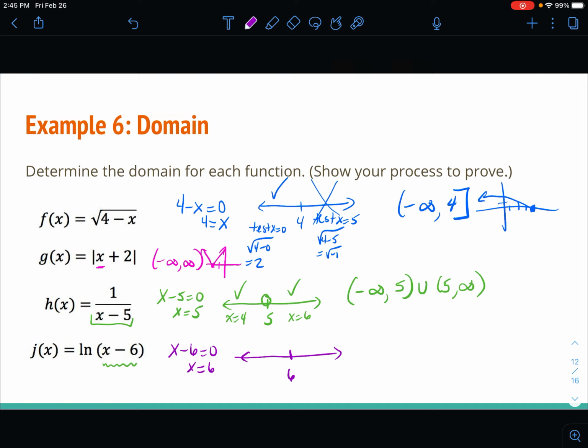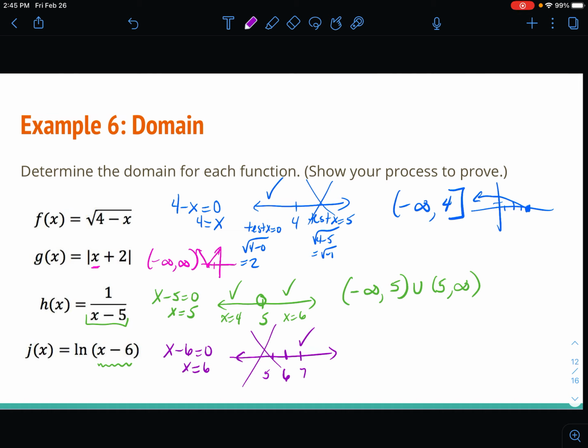We're not going to want to use that. And if we plugged in, let's say, a 7, would that work? Natural log of 1, yeah, that would be fine. But if we plug in a 5, we're going to have natural log of a negative, which we can't use. So the domain here is going to be 6 to infinity. That will be our domain for this one.